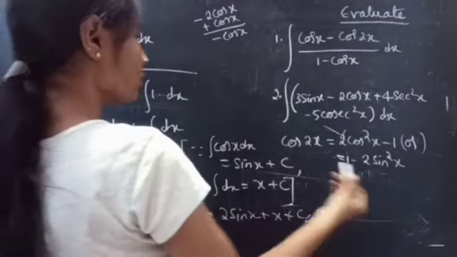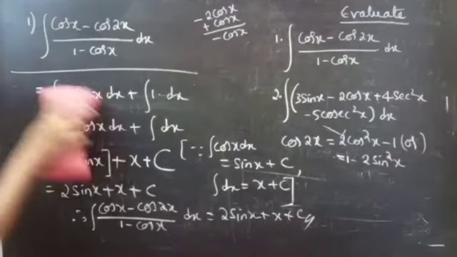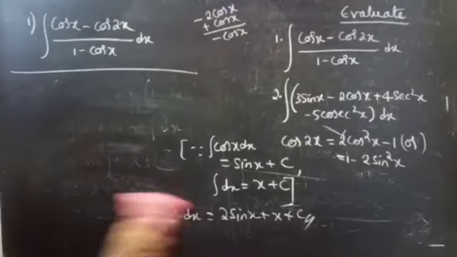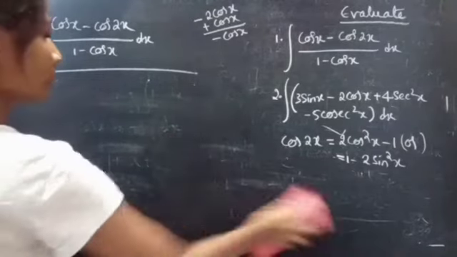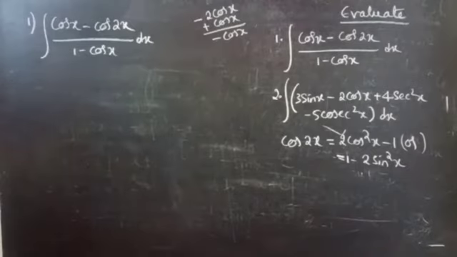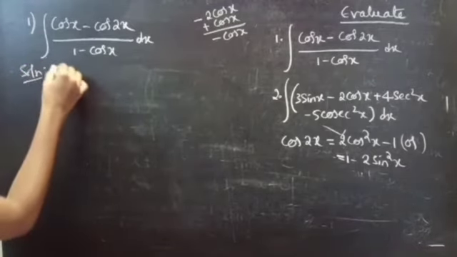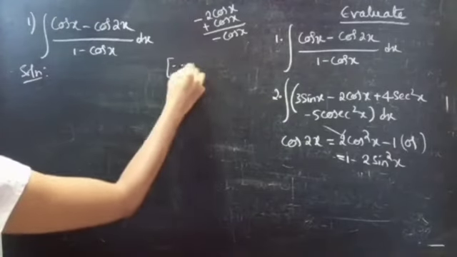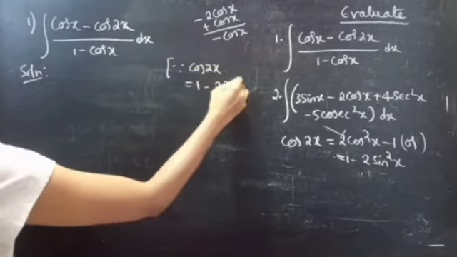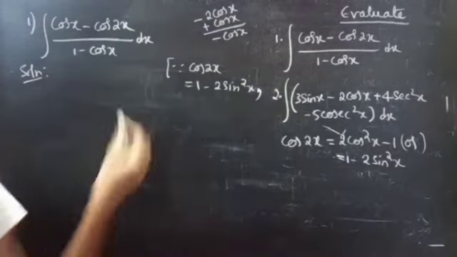Now let us see what happens if we use 1 minus 2 sin square x. Solution. So now we are going to use cos 2x equals 1 minus 2 sin square x. Okay.